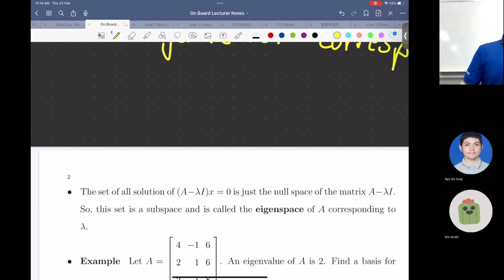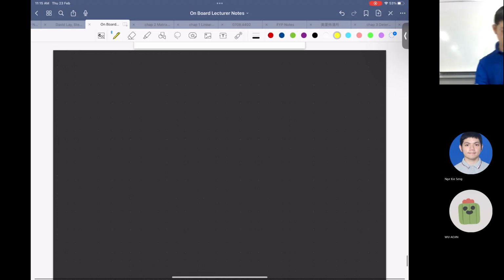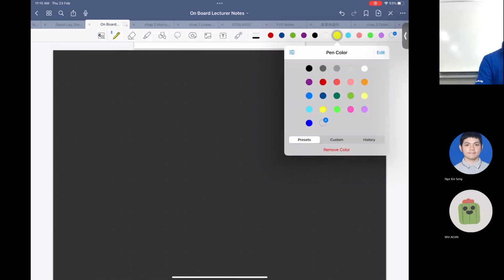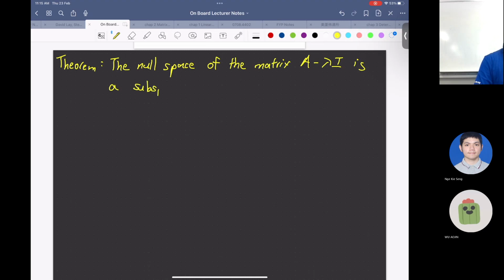So why is this a subspace? Why is this a subspace? So let me put the question down. So, theorem. The null space of the matrix A minus lambda I is a subspace.